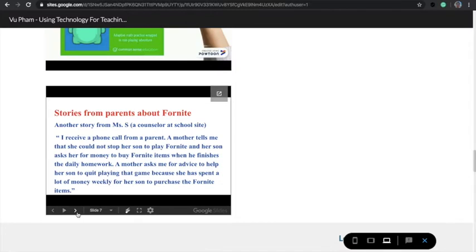Another story that I heard from the counselor at my school site is that a student misbehaved in class, and when my counselor called the parents, the student tried to negotiate a deal that the parents had to pay for the Fortnite items in order for him to behave nicely in class.